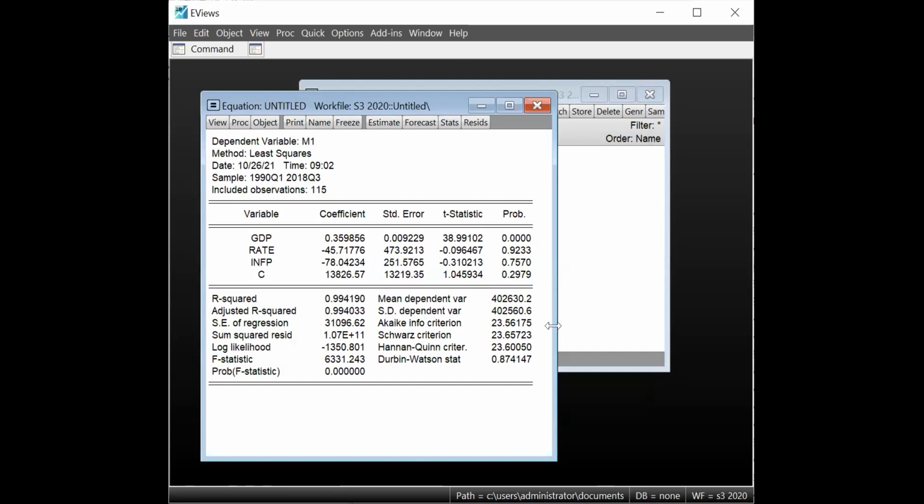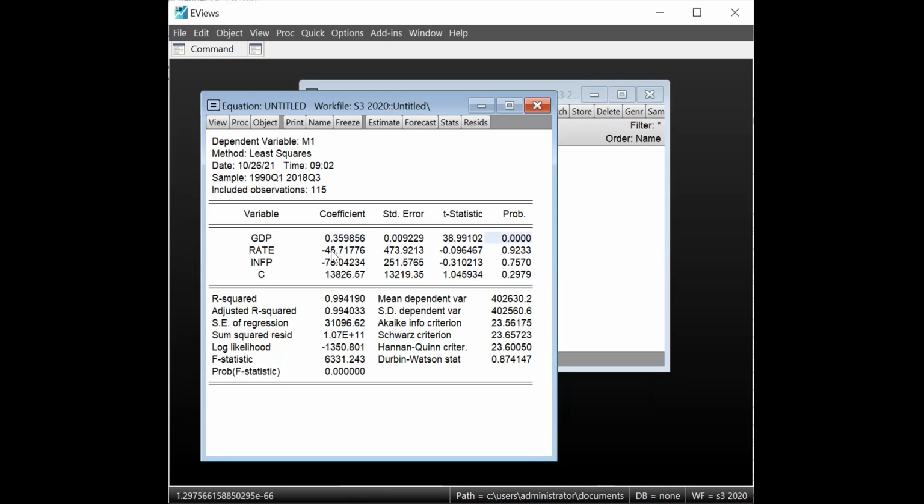In theory, if income increases, the demand for money also increases. That is a positive relationship between income and money demand. Here we have the positive estimated parameter, and it is significant.